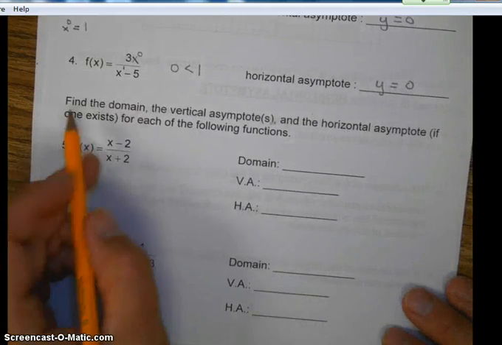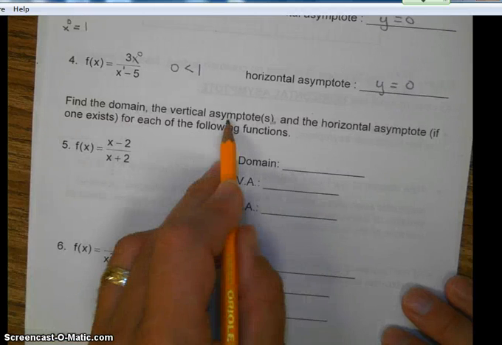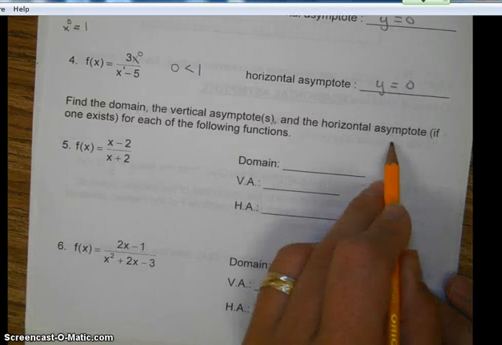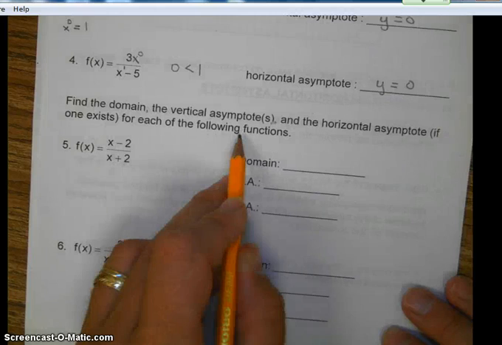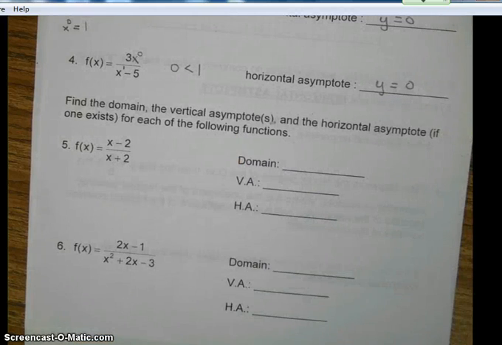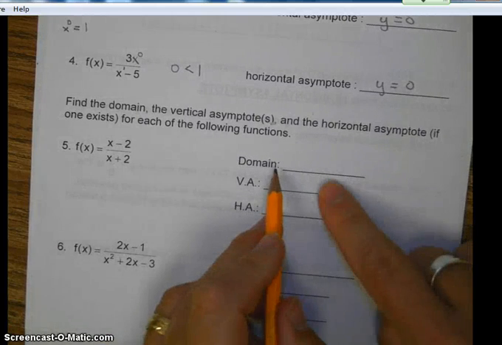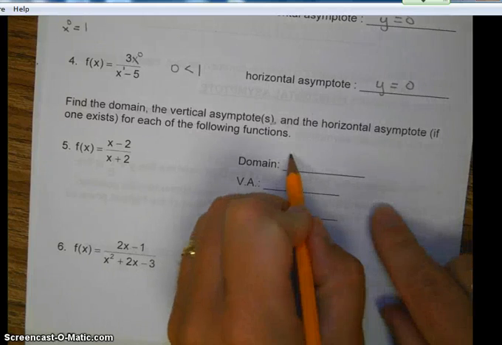All right, it says find the domain, the vertical asymptotes, and the horizontal asymptote, if one exists, for each of the following functions. So we're kind of spiraling what we learned in the last video and this video together. So domain is going to be, remember, all real numbers.